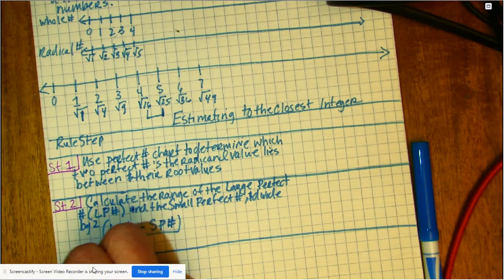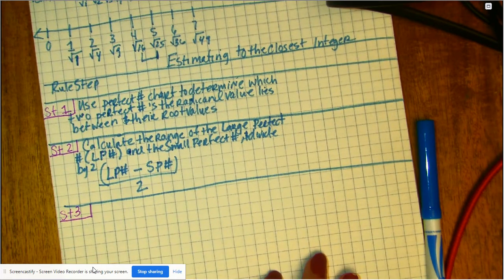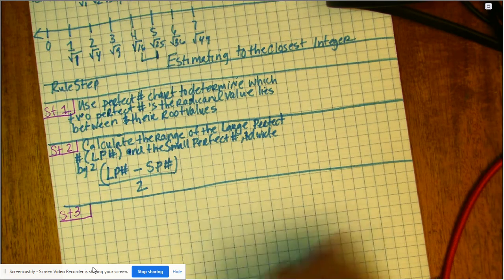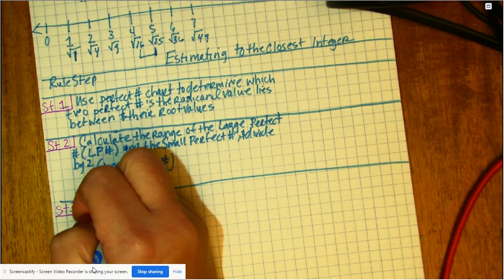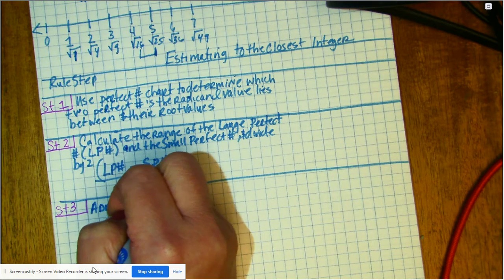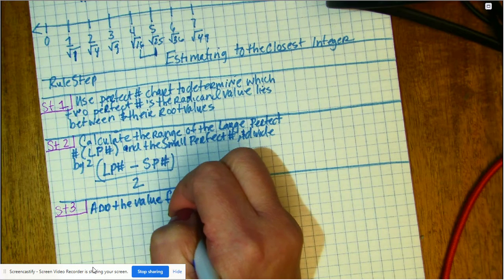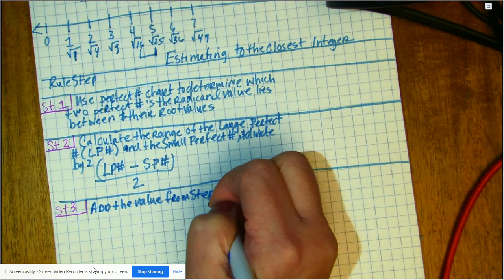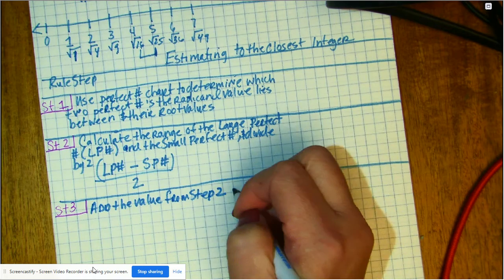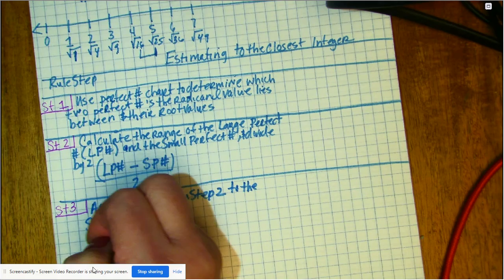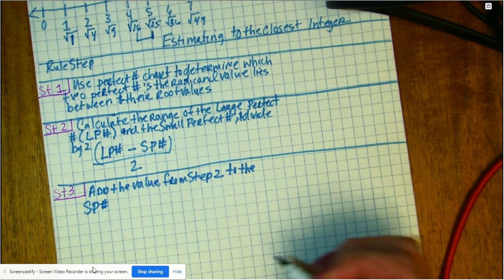And step 3. Add the value that we just figured out in step 2 to the small perfect number. Okay.